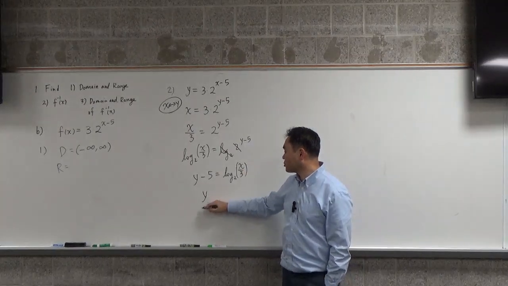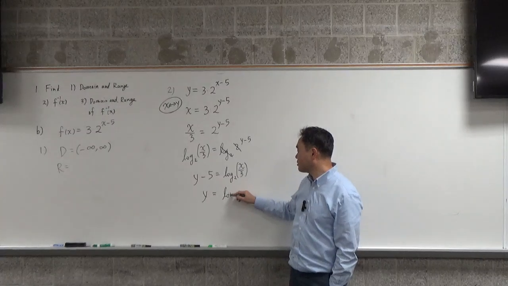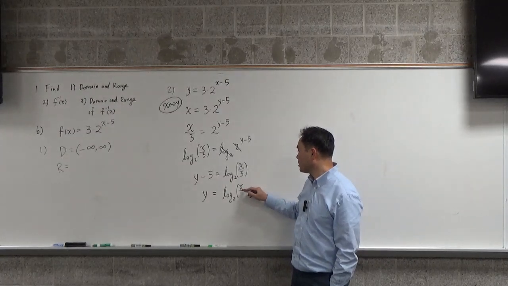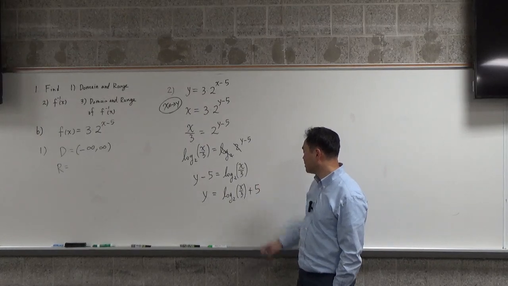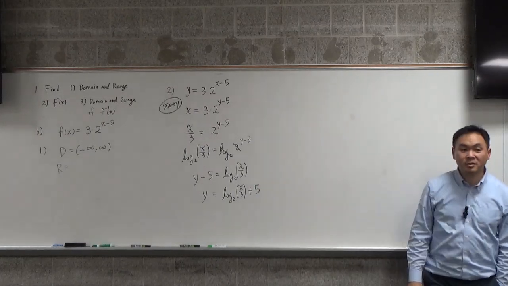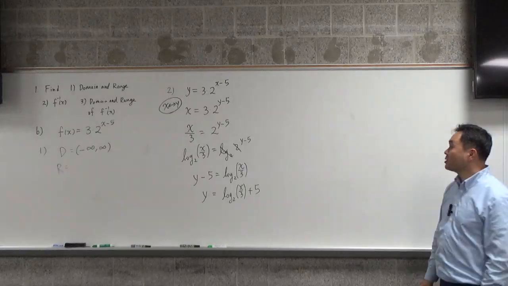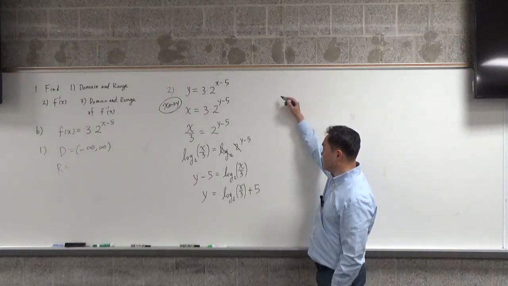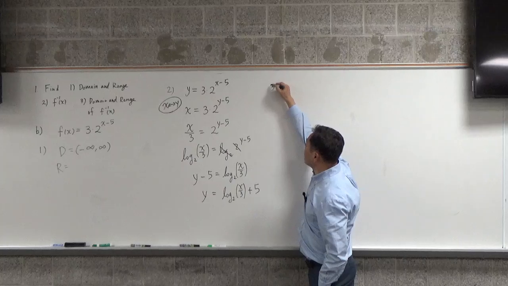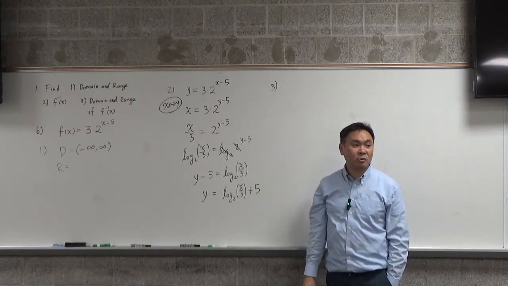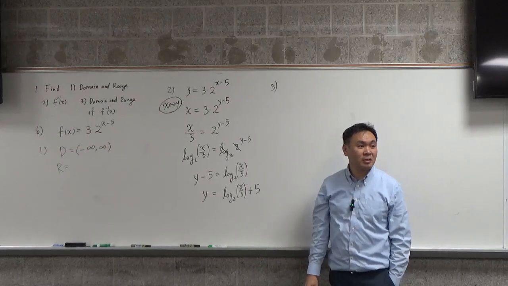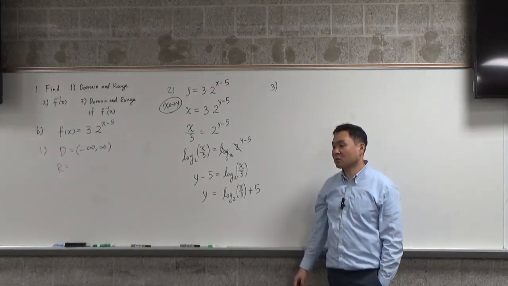Now add 5 to both sides. You have log base 2 of x over 3 plus 5. Okay? Now what is the domain? Well, inside the log, what's required?